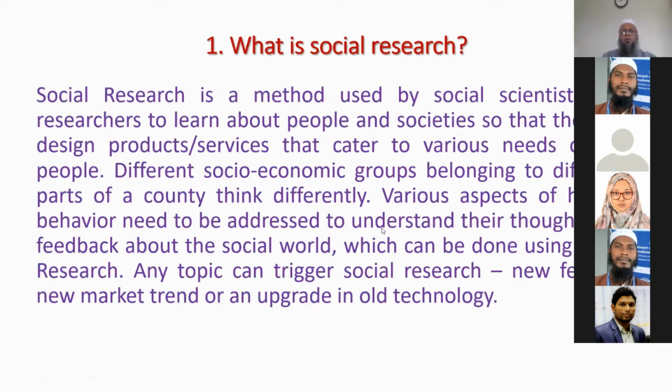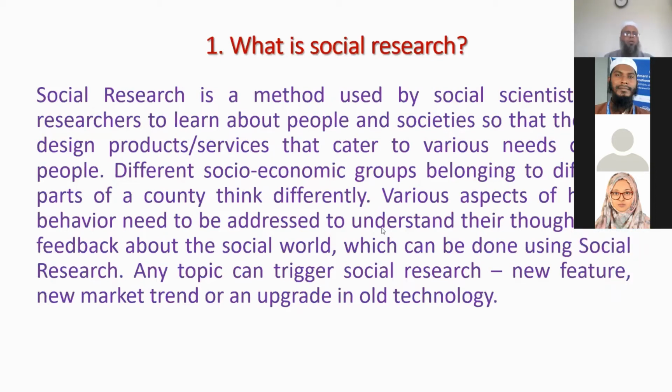Different socio-economic groups belonging to different parts of a country think differently. Various aspects of human behavior need to be addressed to understand their thoughts and feedback about the social world, which can be done using social research. One topic can trigger social research, a new feature, new market trend, or an upgrade in old technology.